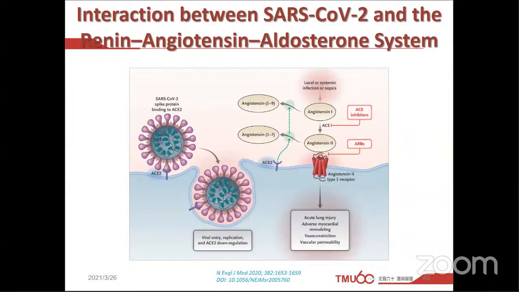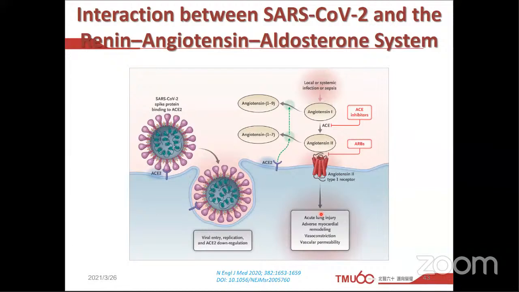These slides are very important. When the virus goes into the cells, what happened? ACE2 is depleted for entrance. So now without angiotensin converting enzyme 2, most of the angiotensin will turn to angiotensin 2 and go to the type 1 receptor. What happened?